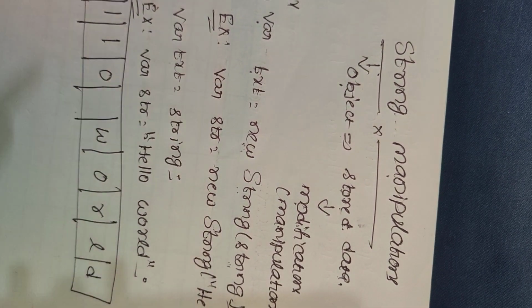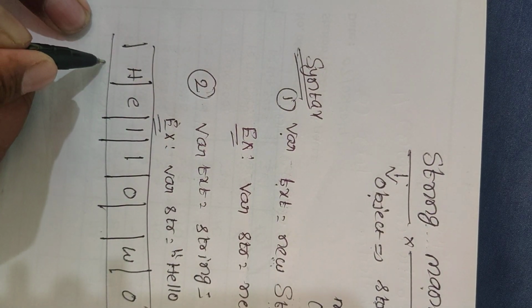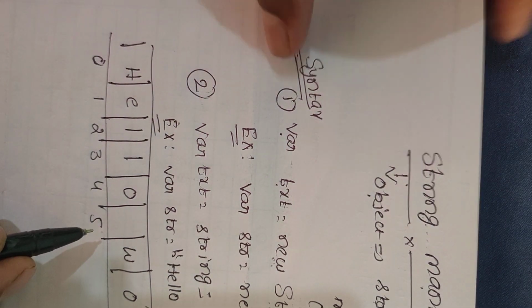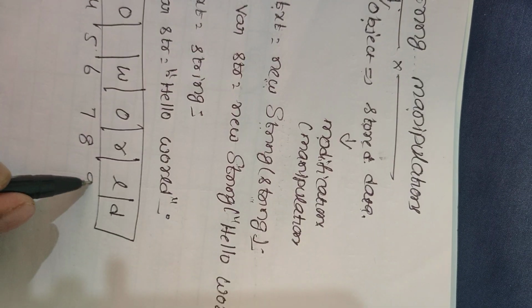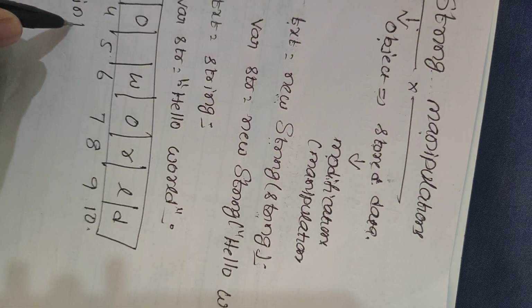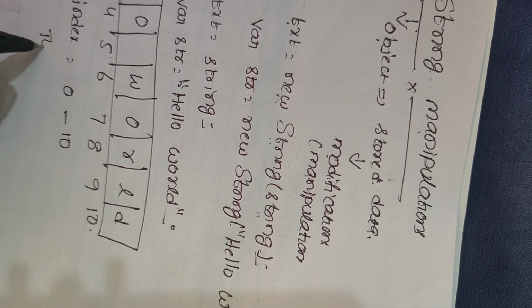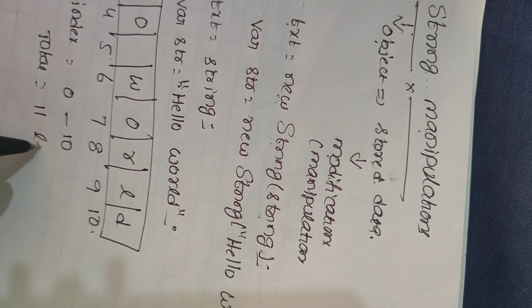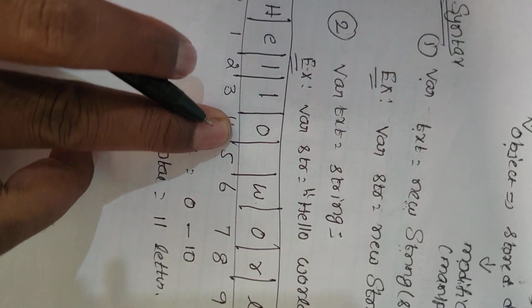I think we know very well how the allocation works, as in arrays, which start with 0, 1, 2, 3, 4, 5, 6, 7, 8, 9, 10. So our index value starts with 0 and ends with 10, but the total number of characters is 11 letters, that means 11 spaces are allocated. So this is the way of storing the data.